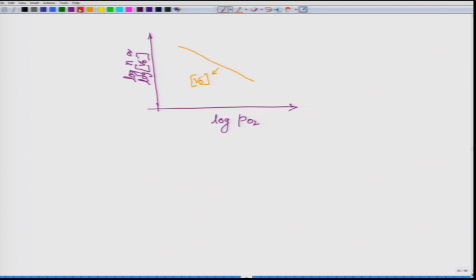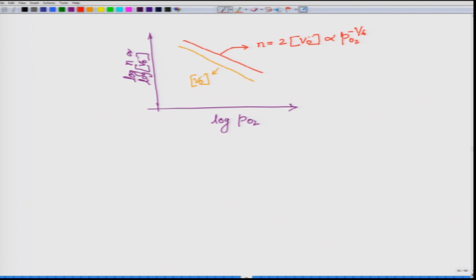And similarly, if you want to plot n, n is nothing but twice of this. So, it will come out like this, n is equal to 2 times this, and this is proportional to PO2 to the power minus 1 by 6.